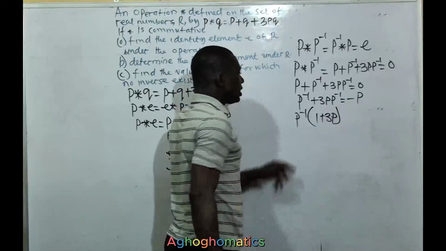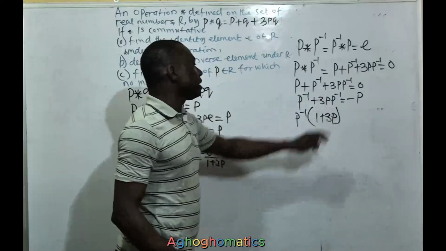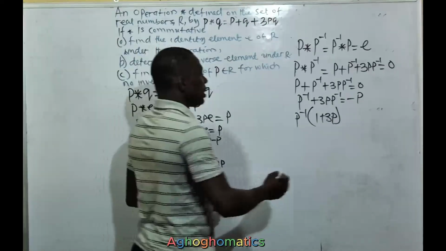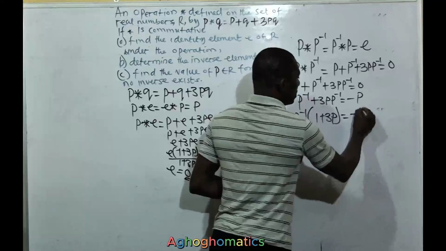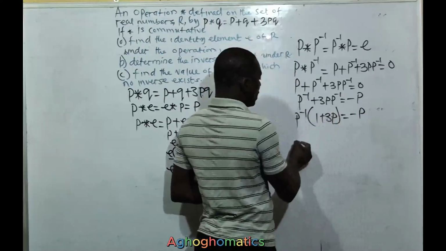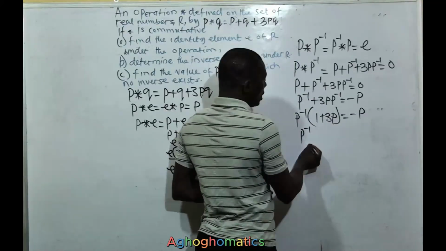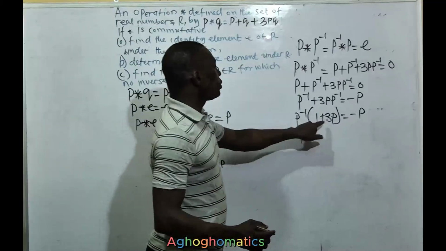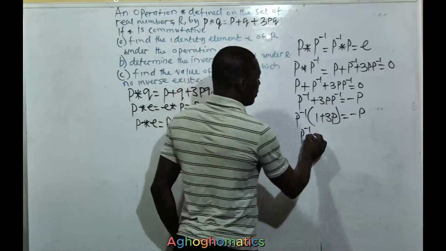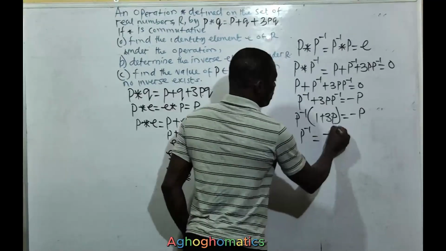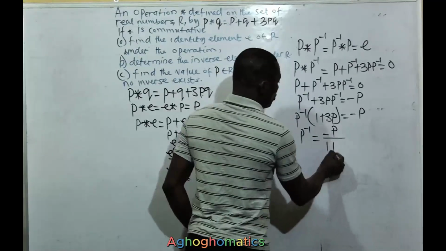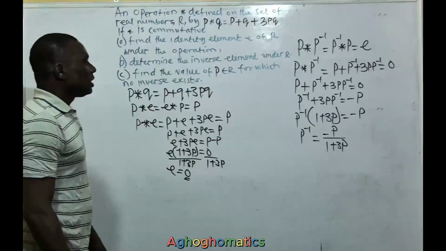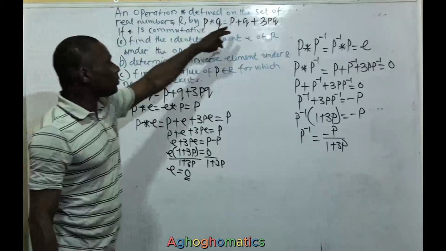So if you look at the terms here, P inverse is common, so we factor it out, equal to minus P. Then to obtain the inverse, we divide both sides by 1 plus 3P, so that eventually the inverse becomes minus P divided by 1 plus 3P. Okay, so this is the inverse of this operation.